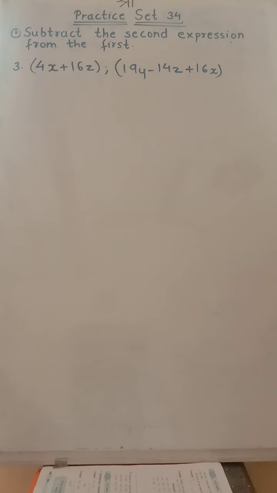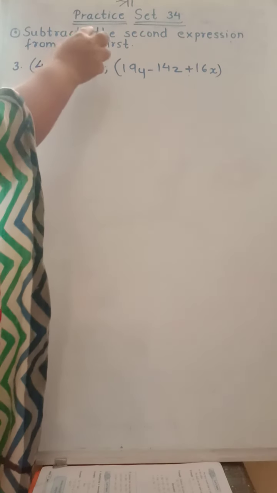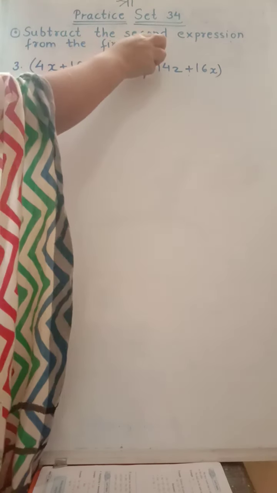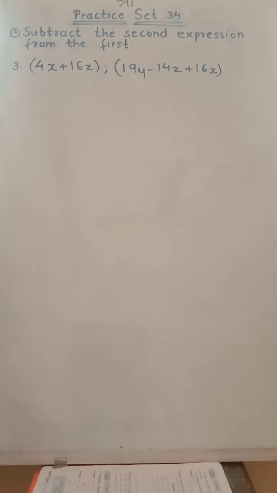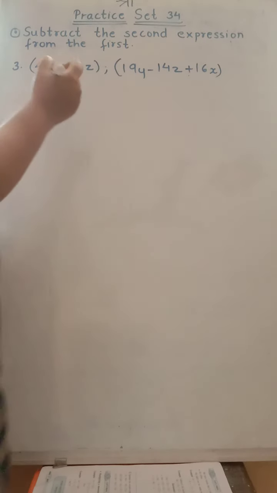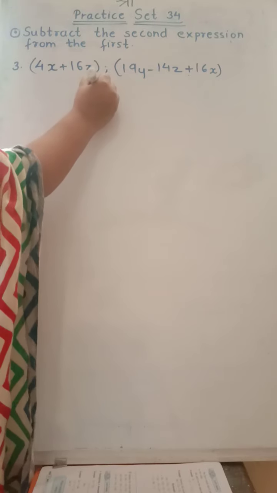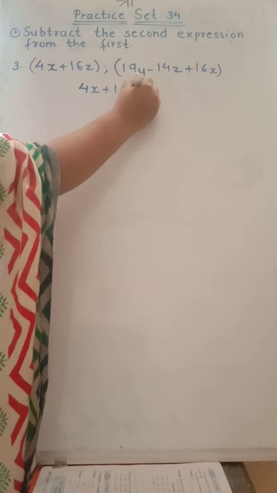Now we will begin with the third sum, that is 4x plus 16z, and the second expression is 19y minus 14z plus 16x. So what we have to do is subtract the second from the first. First expression I will write as it is, 4x plus 16z.